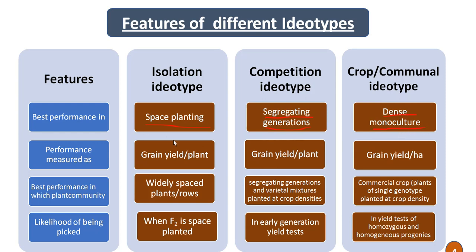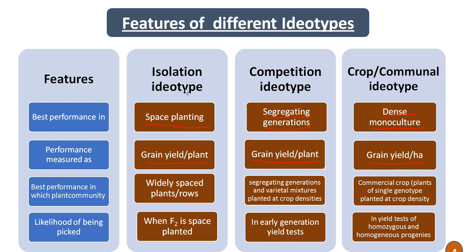And isolation ideotype performance is measured in terms of grain yield per plant. Same as in case of competition ideotype, its performance is also measured in grain yield per plant. But in case of crop ideotype, the performance is measured as grain yield per hectare.